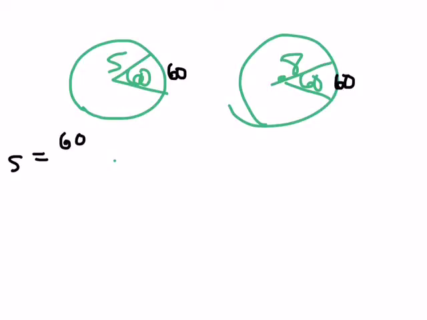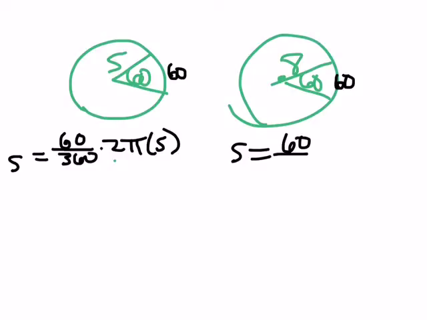It's the measure of the arc over 360 times the circumference, 2 pi r, in this case 5. By the way, arc length is sometimes abbreviated as lowercase s, and that's what I did here. If you want to put AL, arc length, that's fine, but lowercase s. In this circle, same thing, 60 over 360 times 2 pi, but 8.